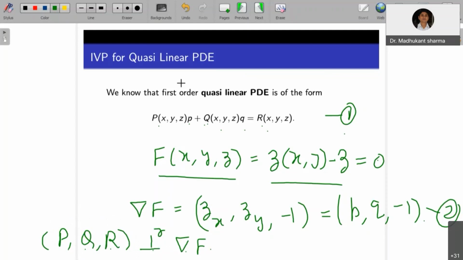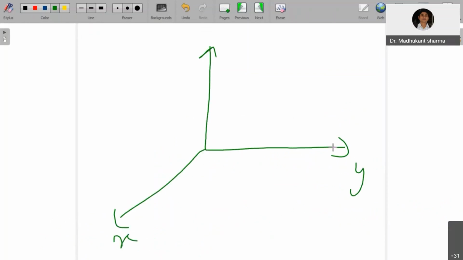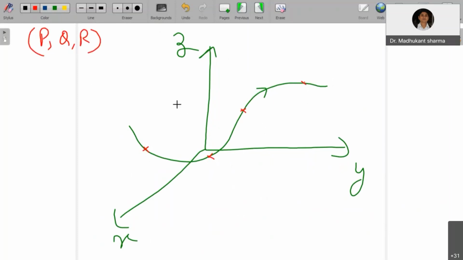Suppose in XYZ space you have a curve C. At any point, if you choose any point, this P, Q, and R vector at that point will identify a direction, and together they are going to lie in a tangent plane to the integral surface.